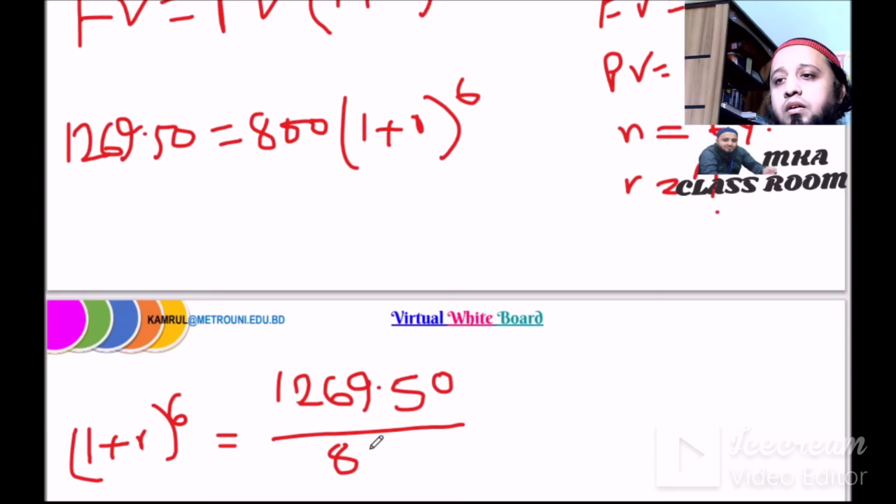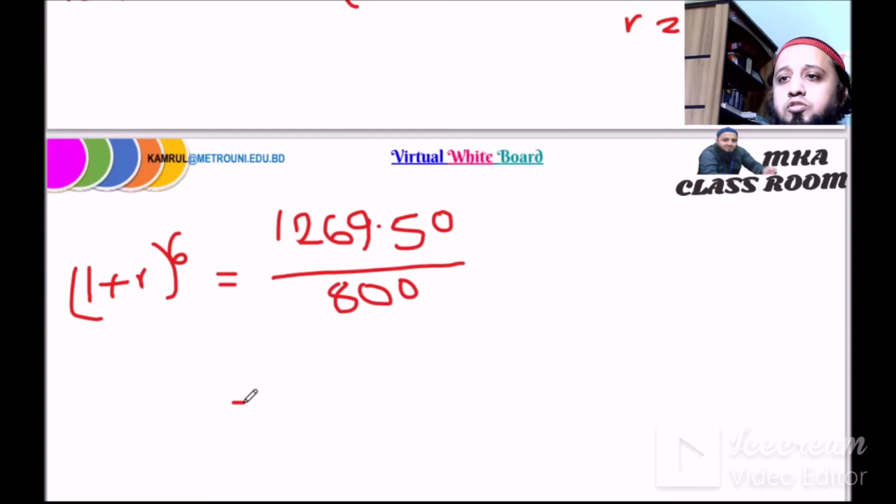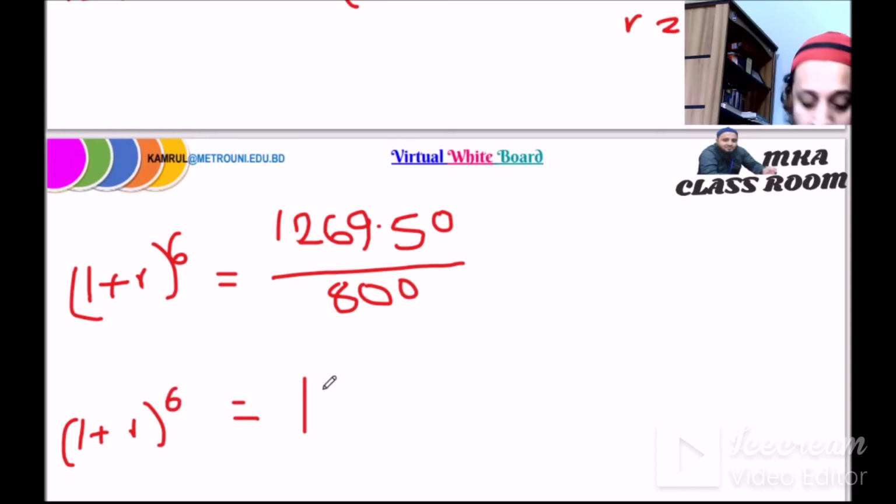So if we solve this, we find 1 plus r power 6 equals 1269.5 divided by 800, which is 1.5868.